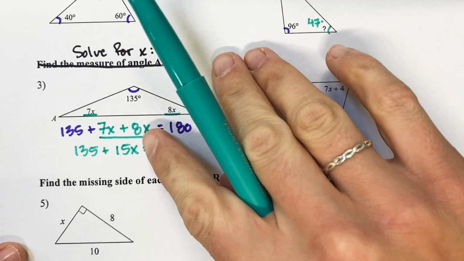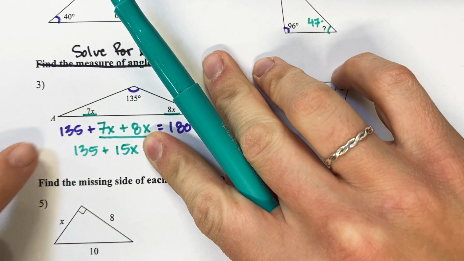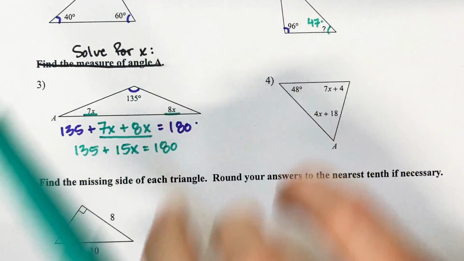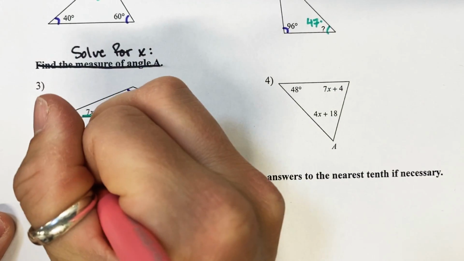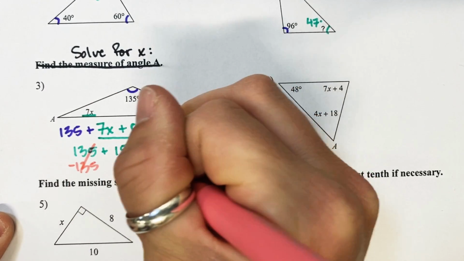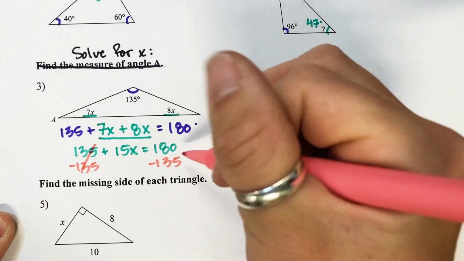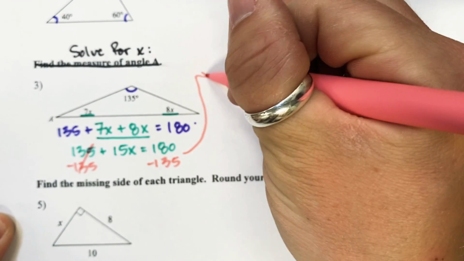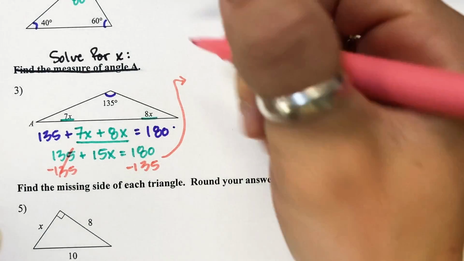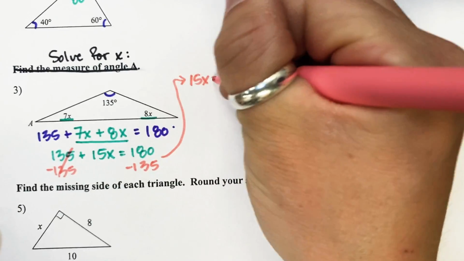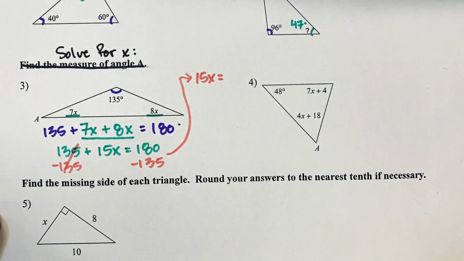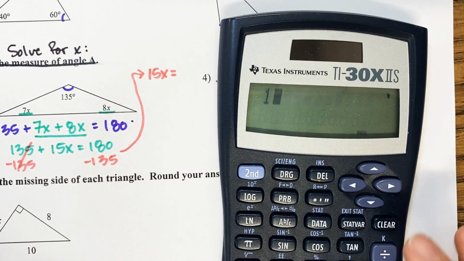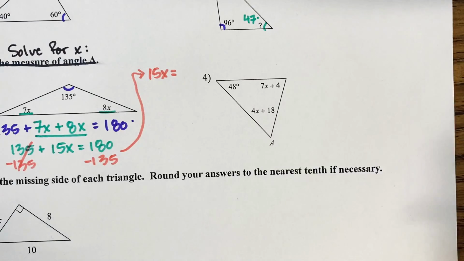Okay, well now there's 2 steps to getting x by itself. I need to get rid of this positive 135 first. So the opposite of positive 135 is subtract 135 from both sides of my equal sign. I'm going to come up over here just to give us some more room. So I have 15x left over. And on this side, I have 180 subtract 135. You can do this in a calculator if you want. 180 minus 135 gives me 45.